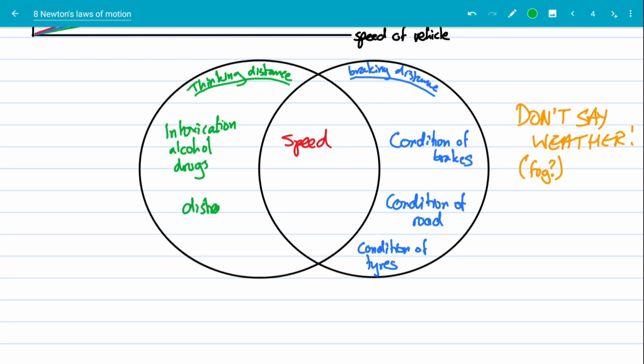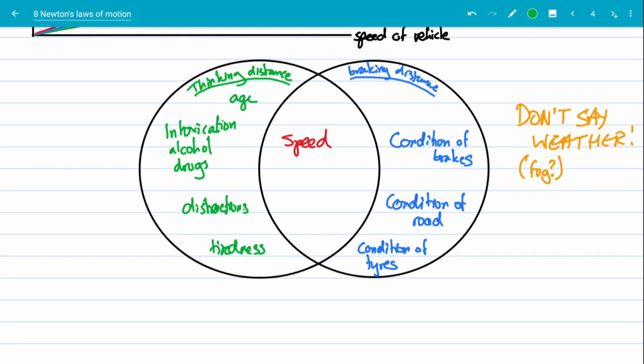Distractions, tiredness, age. Age will affect it as well. Yeah, that's probably all I need to say about that. So be very careful which part of the Venn diagram these are in. That's all I'll say about that.